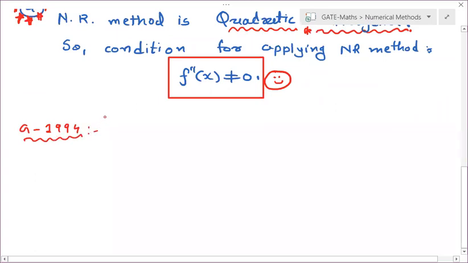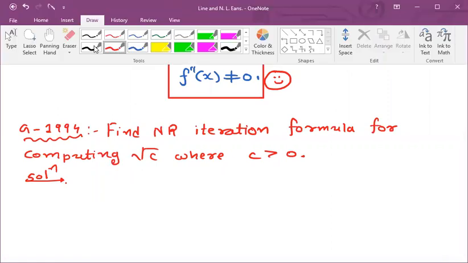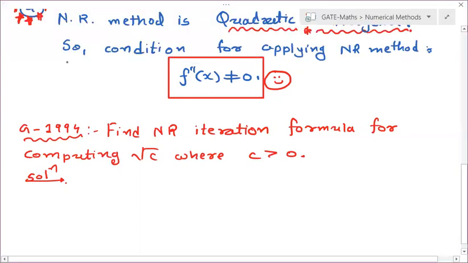Find Newton-Raphson iteration formula for computing root C, where C is greater than 0. Now see over here, we have to compute root C, right? And C is greater than 0.